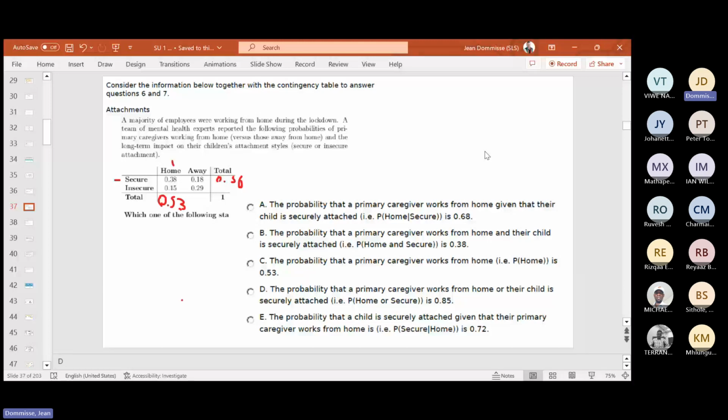How would you guys have written that out? Any ideas?